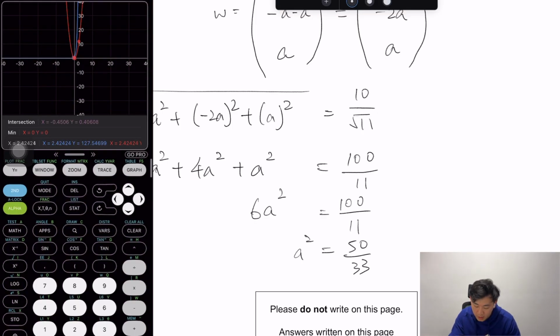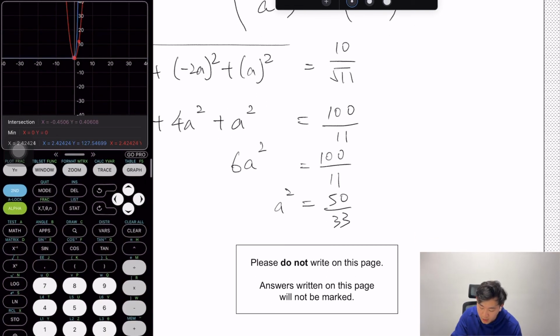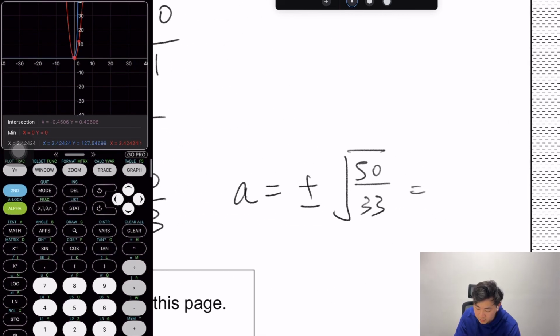Okay, so if we take the square root, A is equal to plus or minus root 50 over 33. If we factorize it a little bit, that's plus or minus 5 root 2 over root 33.